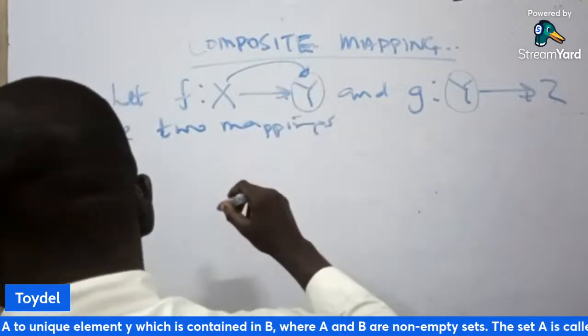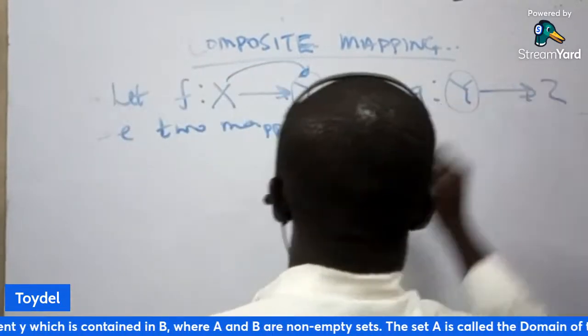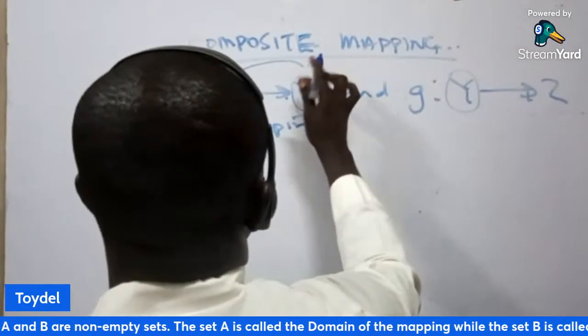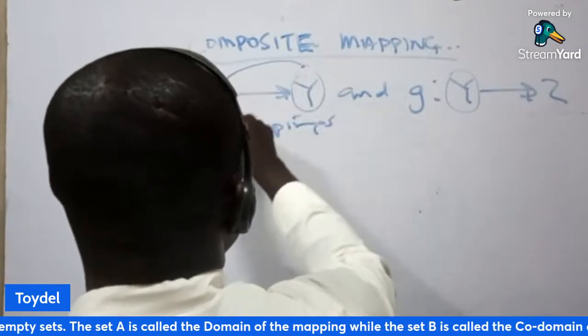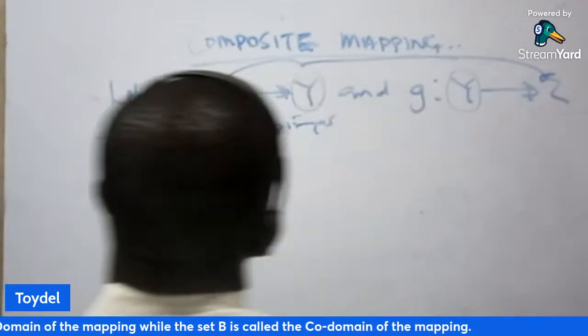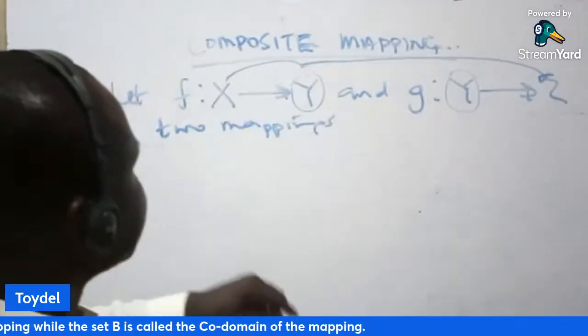It is possible for the mapping to take an element from x directly to z via y. That's what we are trying to say under composite mapping.